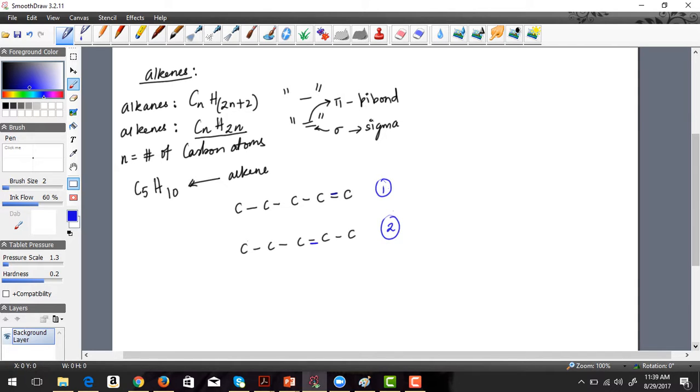Now let's go get our black color again. This time, instead of 5, let's start with 4. 1, 2, 3, 4, and the same rules apply. Just because we go to a different compound doesn't mean the rules change. They don't change much at all, to be honest. So we cannot put that extra carbon on the terminal carbon atoms, but the double bond can go anywhere it wishes.